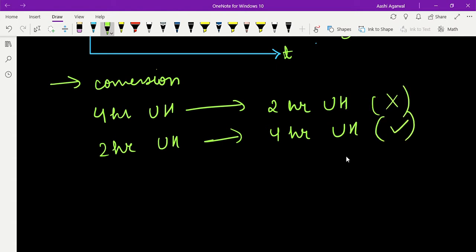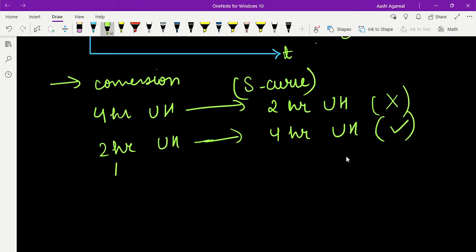This can be done by the S curve, which we are not discussing now as it's not in our syllabus. It's in the GATE syllabus, so we'll be covering that part later. But for semester exam purposes, we are only discussing this method, called the method of superposition, in which I can generate a unit hydrograph of a duration which is an integral multiple of the previous duration.